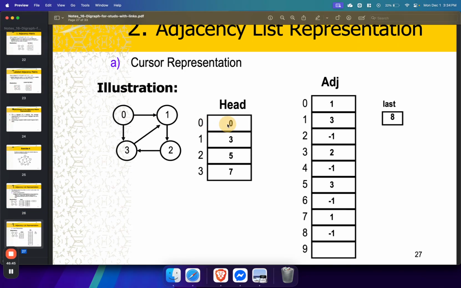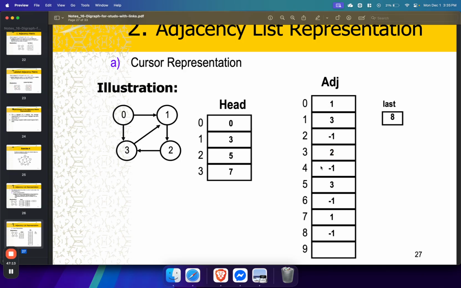0 points to index 0, and that means it's adjacent to the value of 1. Then 3, and because there is no more further adjacency, we go to negative 1. Next, 1. 1 is adjacent to whatever is in index 3, so 1 is adjacent to 2.